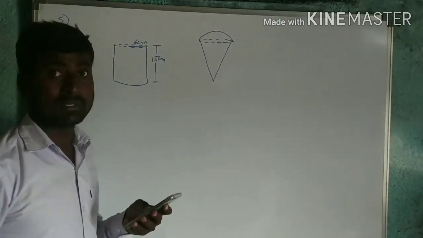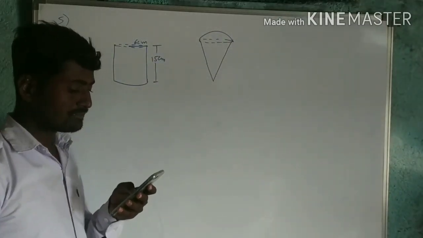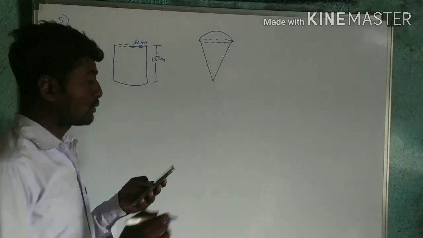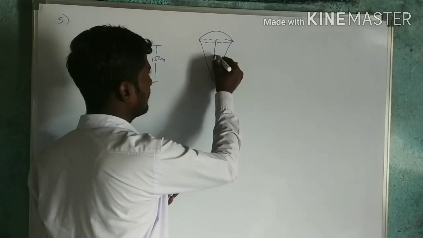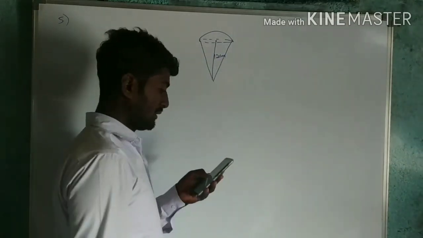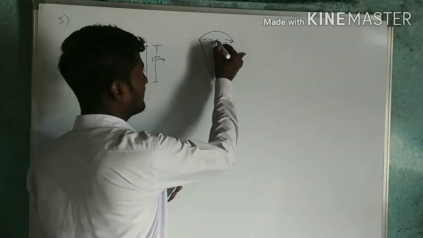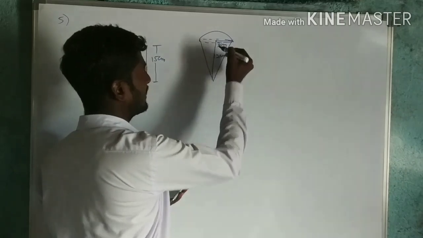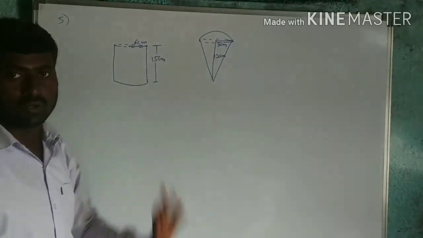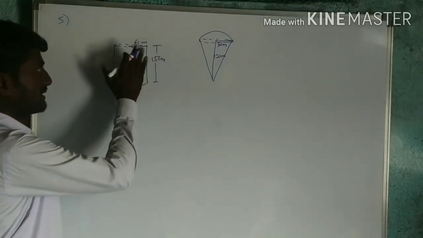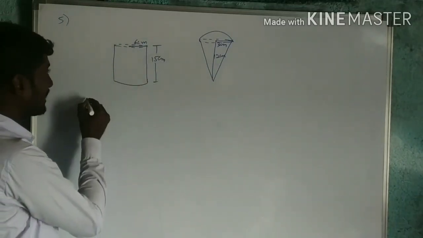That is very important: hemispherical top. Now here the height of this cone is 12 centimeter, and the diameter is 6 centimeter, so the radius will be 3 centimeter. We have to find the number of cones. Now for this cylinder I will take the data.